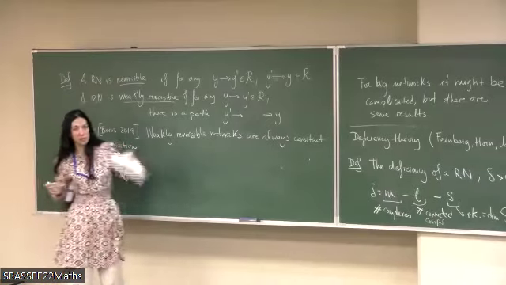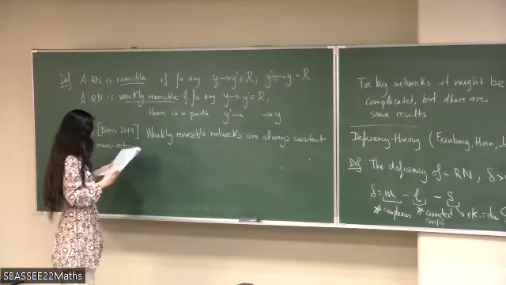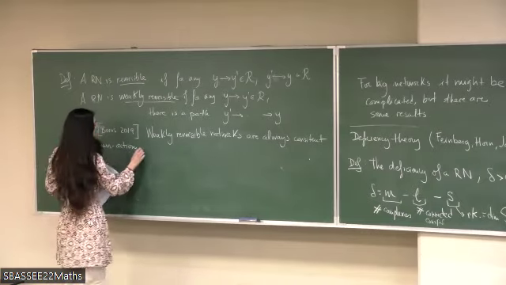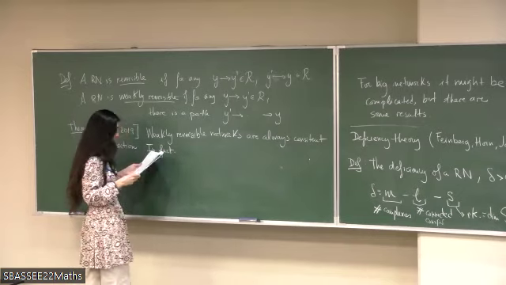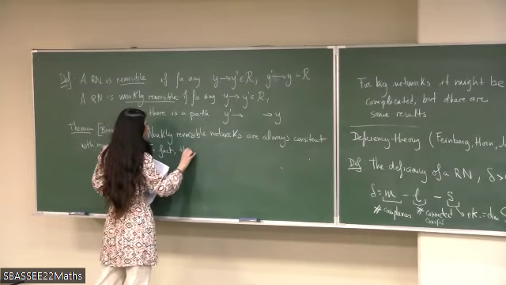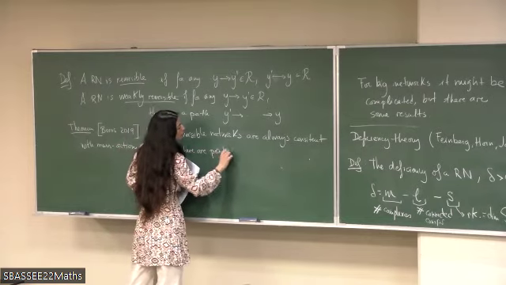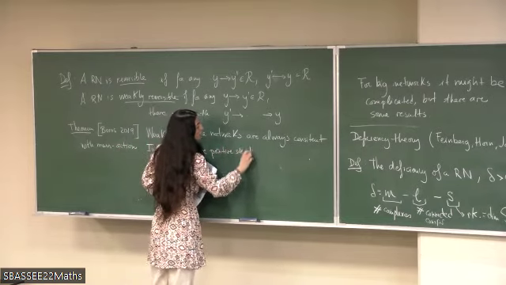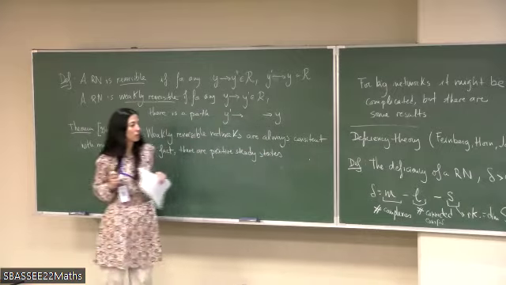If you remember, consistent means there is some positive steady state for some k. And in fact, for those networks, there are positive steady states in all stoichiometric classes.